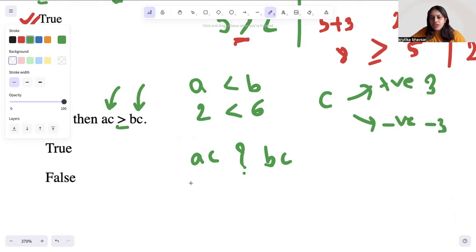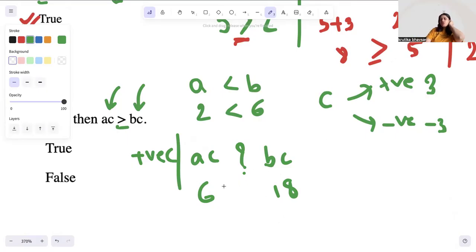AC, so 2 into 3. Now for positive C, we are checking this. Okay. So 2 into 3 is 6, and 6 into 3 is 18. What do you have? 6 into 3 and 2 into 3. You have less than. Okay.